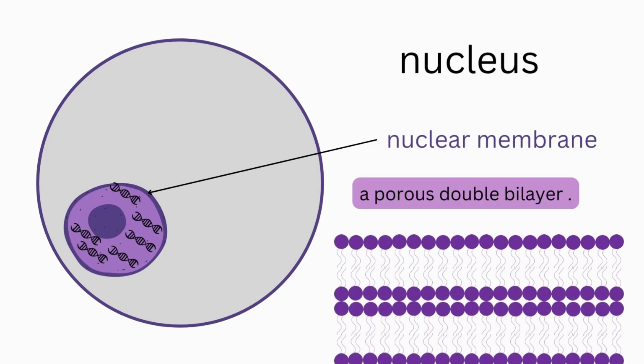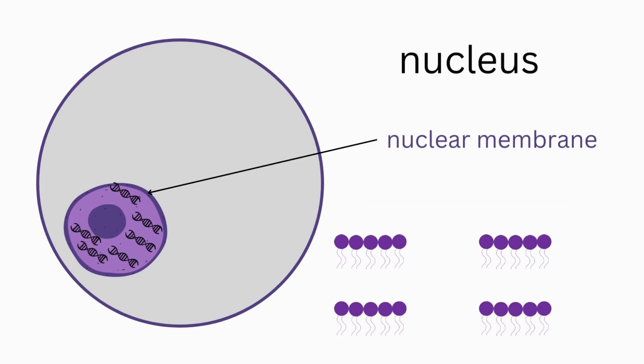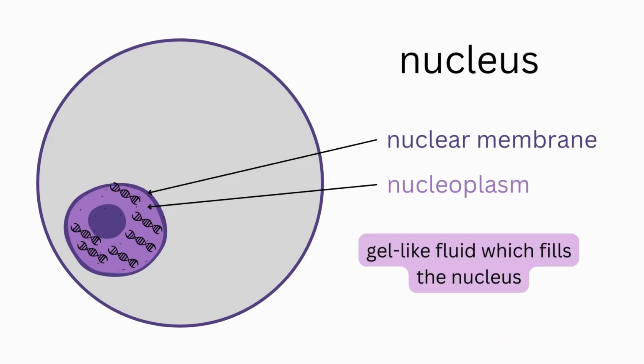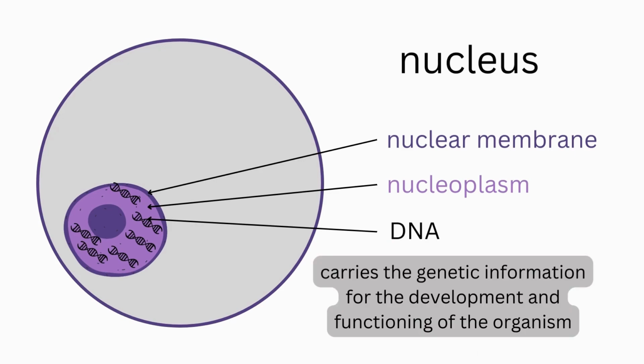Going back to the double bilayer description, the nuclear membrane is composed of two lipid bilayers as shown in this illustration. The nucleus is filled with nucleoplasm, which is a gel-like fluid, and it contains DNA, which carries the genetic information for the development and functioning of the organism.